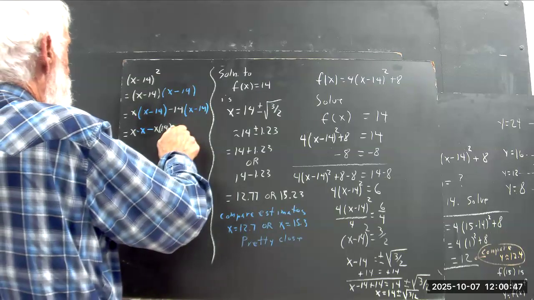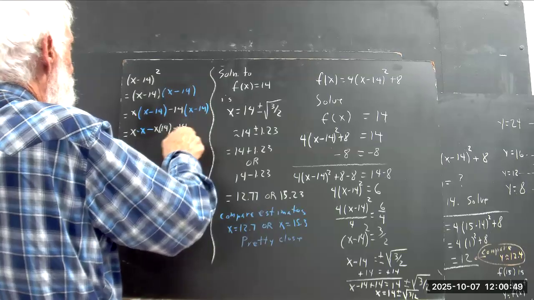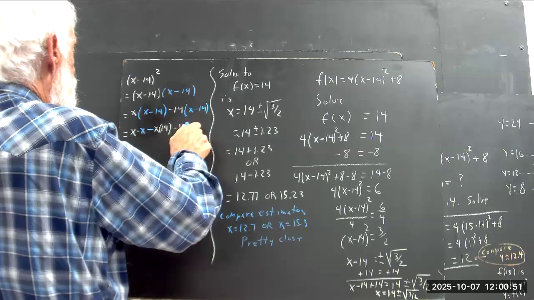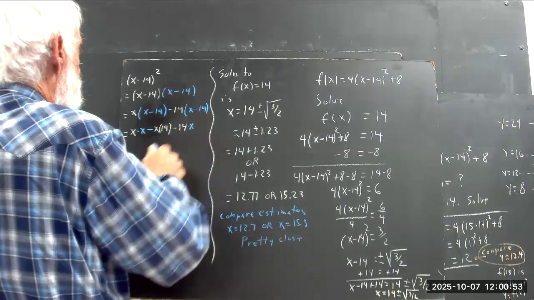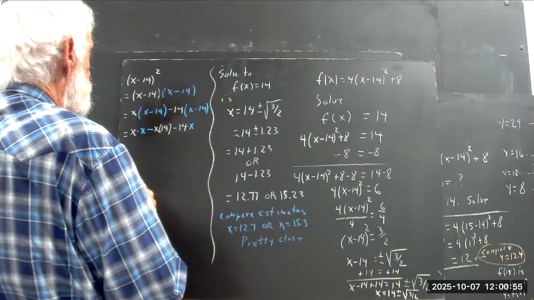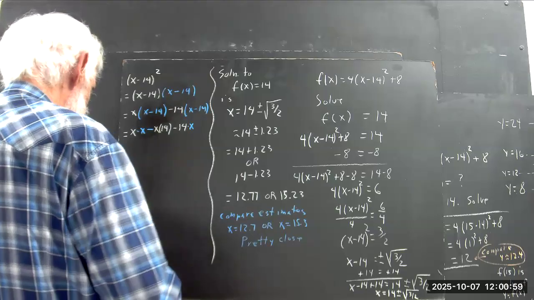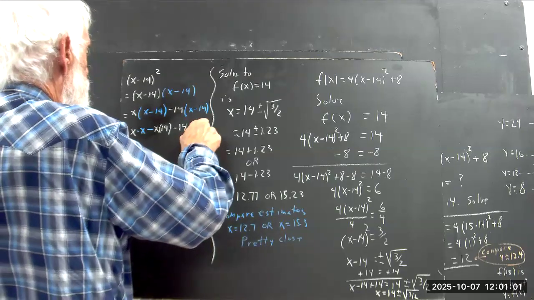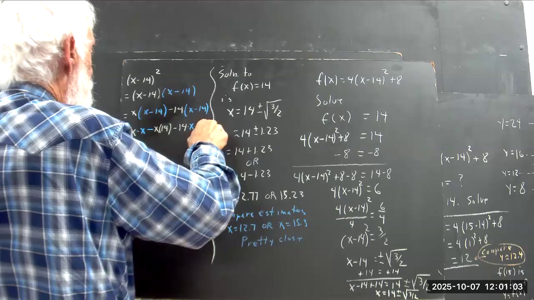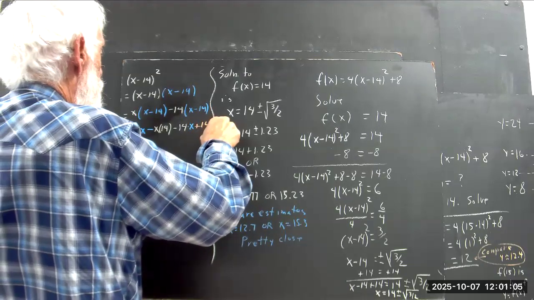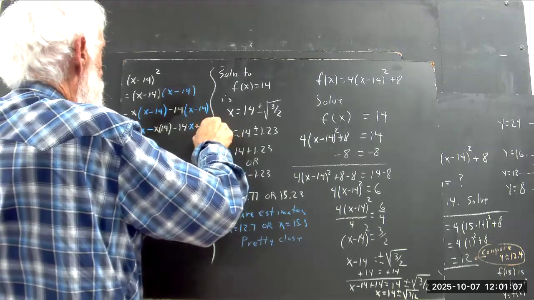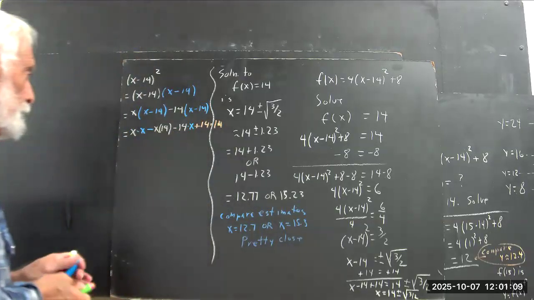And then it's minus 14 times x, plus 14 times 14.